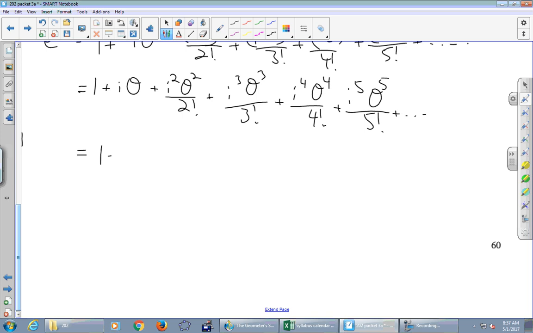This equals 1 plus i theta plus, get rid of that. What is i squared? i squared is negative 1, which means this just becomes a minus theta squared over 2 factorial. You with me? Right, i squared is negative 1. i cubed, let me do it over here on the side. i squared is negative 1. i cubed just means multiply the previous thing by another i.